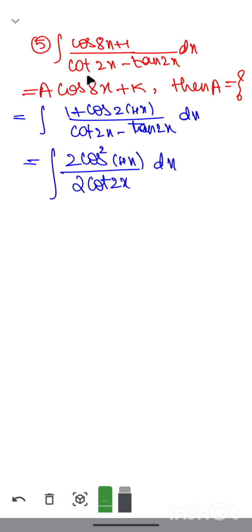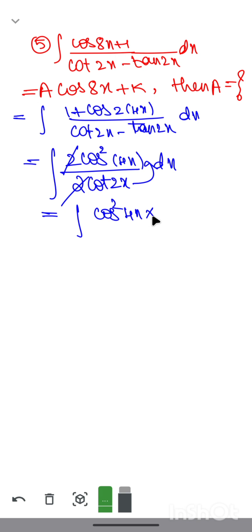So here we should remember cot 2x minus tan 2x is nothing but 2 cot 4x we will get after simplification. So numerator 2, denominator 2 both can be cancelled. Remaining is integration of cos square 4x into, if I bring the denominator term to the numerator, 1 by cot will become tan 4x.